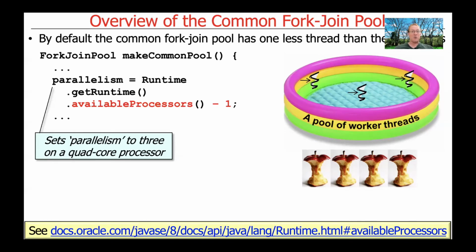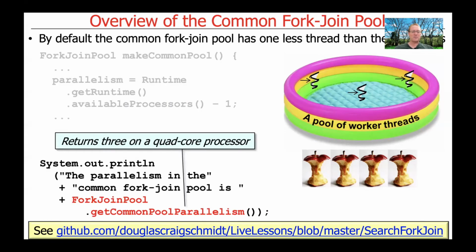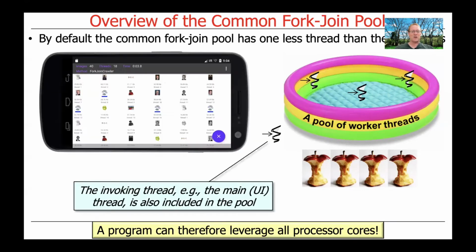And you'll see in a second why the minus one is important. So if you were to run your program on a quad core processor and you were to print out the common pool parallelism accessor method, getCommonPoolParallelism, then you would get 3. So it's one less than the number of cores.